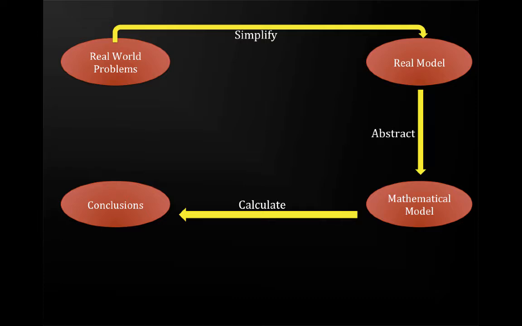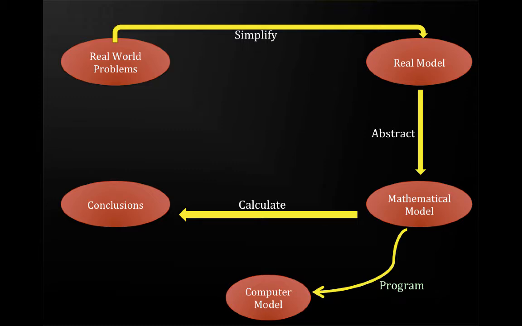But most mathematical models are complicated. How do we solve that type of model? Yes, we can use a computer. We can write a program and make it a computer model. It means we give our data into a computer, then we can do the simulation and give a conclusion.